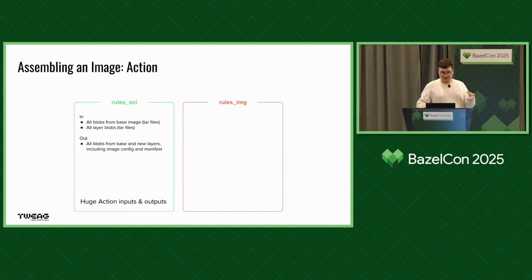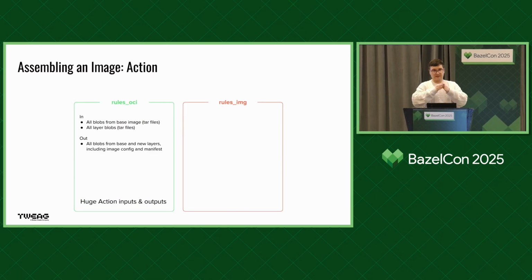So the way that this works in rules OCI, the image itself is a big tree artifact containing all of the blobs. So if you pass a base image into the action, then all of the layers of the base image get passed into the action that builds a new image. And at the same time, all of the new layers that you want to add to the image also get passed to the same action.